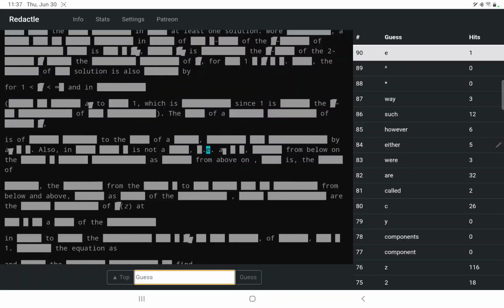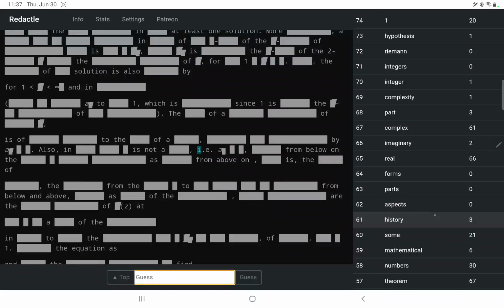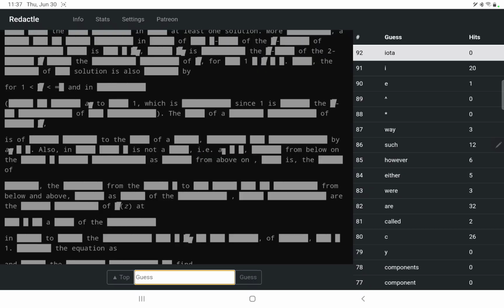Oh, but here it's just simply IE. Also is not a something. So let me see, I did integer, integers, I did real, complex, imaginary. Let's try iota. No, square root of -1. Let's try minus. Oh, the minus not redacted, plus not redacted. That's interesting.